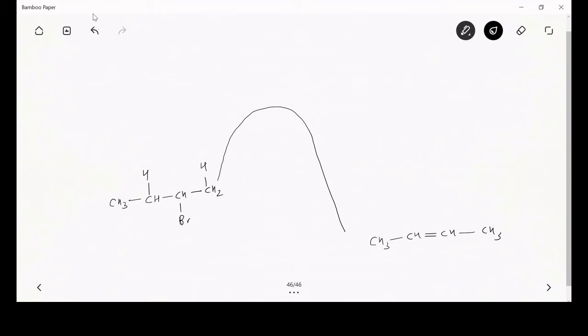And the intermediate, not the intermediate, but the transition state, will look like this. Okay, this is path A, and there could be another path.